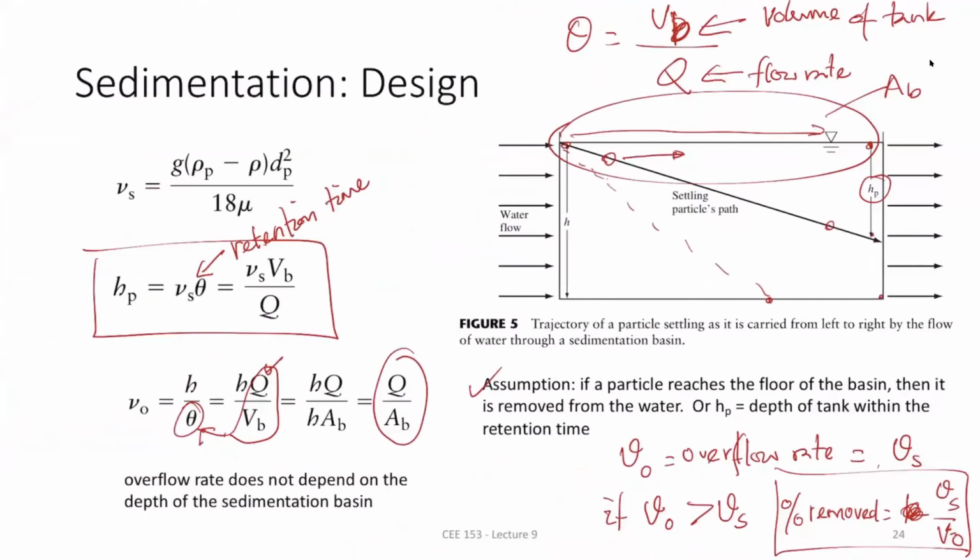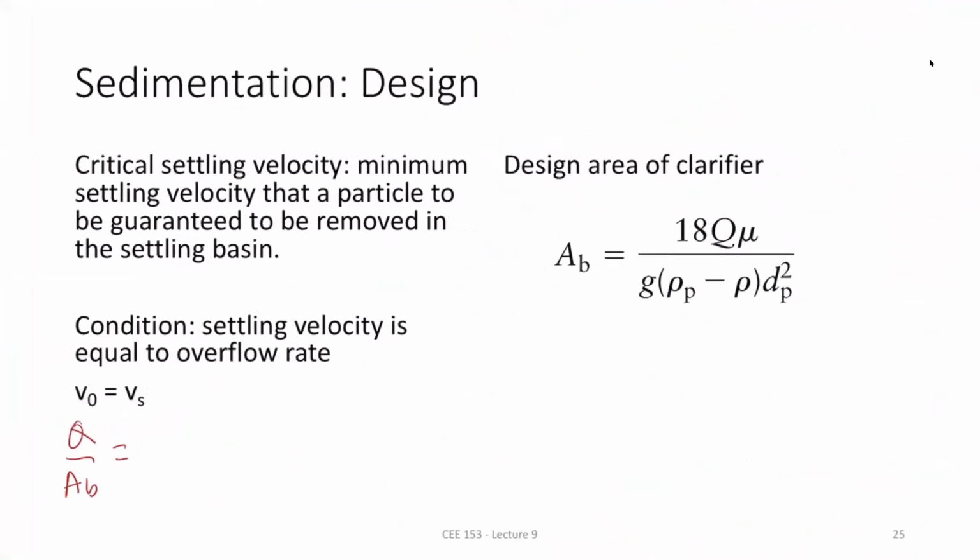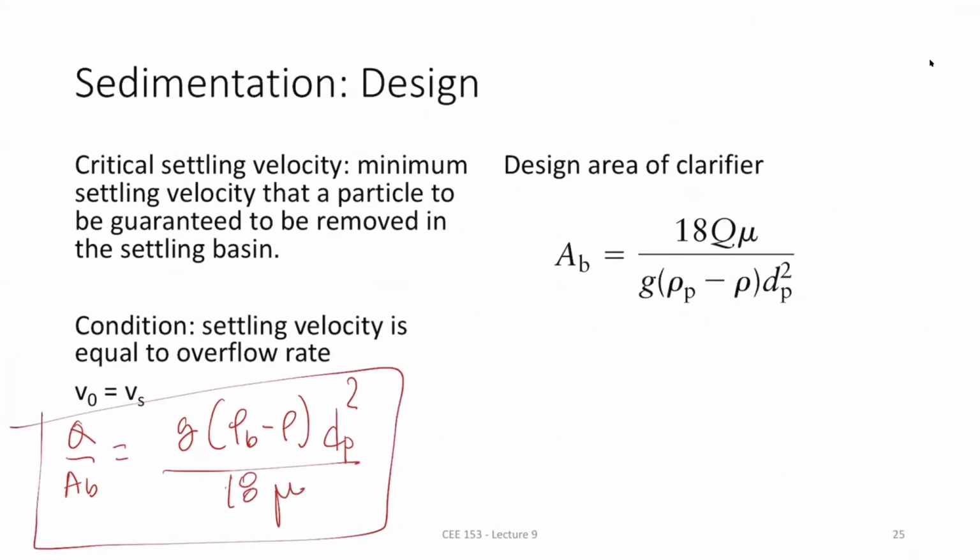From the previous equation, that's acceleration due to gravity, times the density difference, times particle size squared, divided by 18 mu. If you know this, you can solve for AB. That's the design: how big the clarifier should be, how big the area should be. Q is the volume of water you need to treat. This is the design of the clarifier, or settling tank.